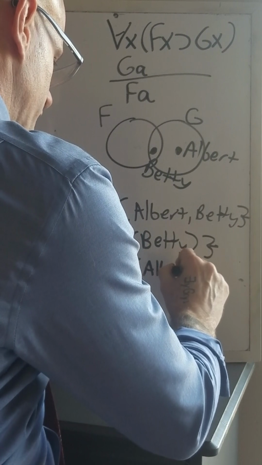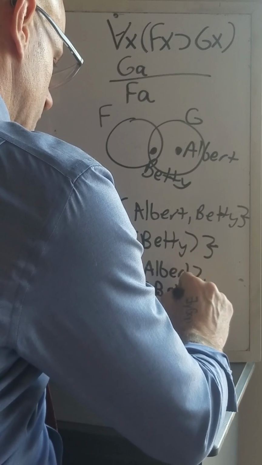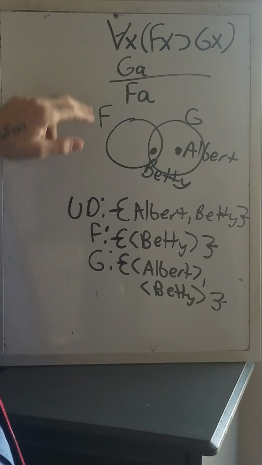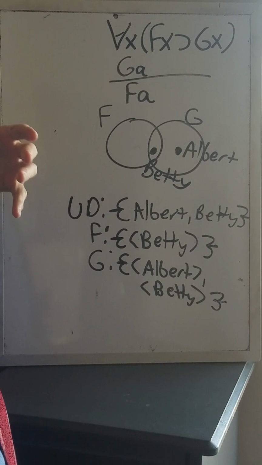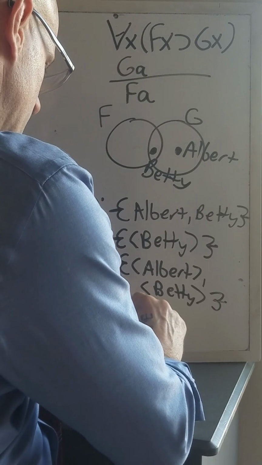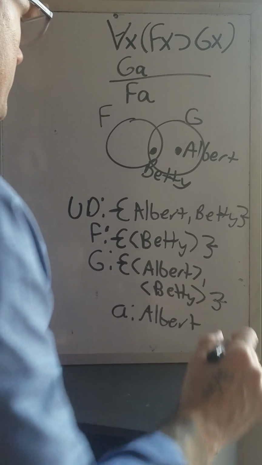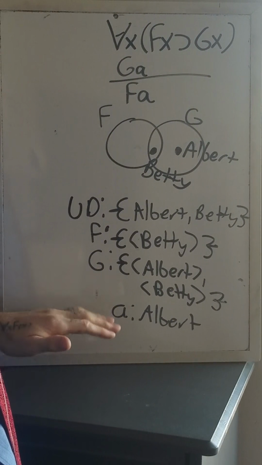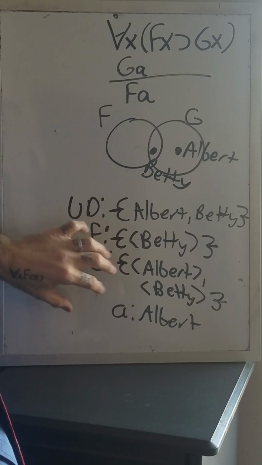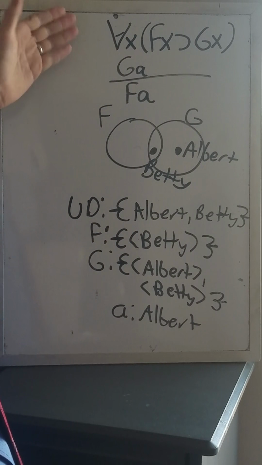Well, G's got two things in it: Albert and Betty. All right. So now we just need to say what the constants we're using are picking out. A is a name of Albert in this interpretation, and we're done. This is the formal description of what we sketched here, and this is a counterexample to this argument.